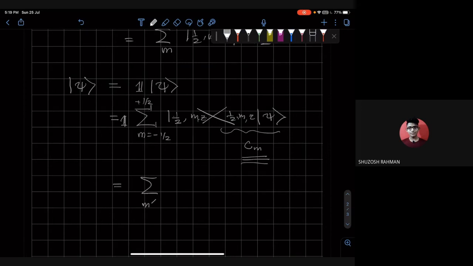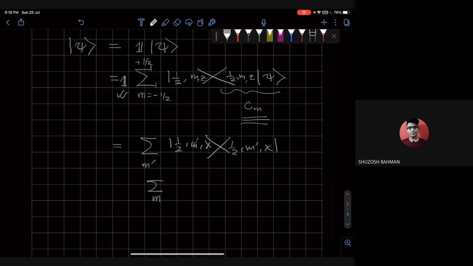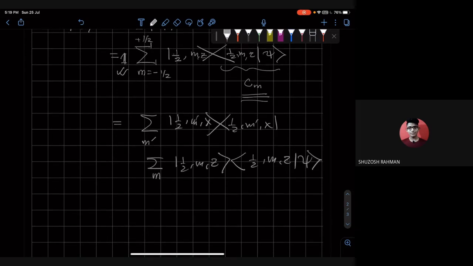So m is just a dummy variable, so whether I call it m or m prime, it doesn't matter. But now I am going to expand this 1 in the x basis, right? M prime, x. Okay. And then this will multiply what I had before, which was half m of z, and then half m z psi.